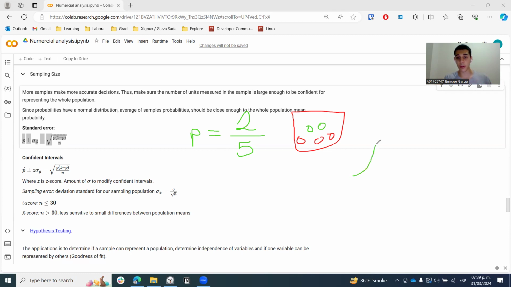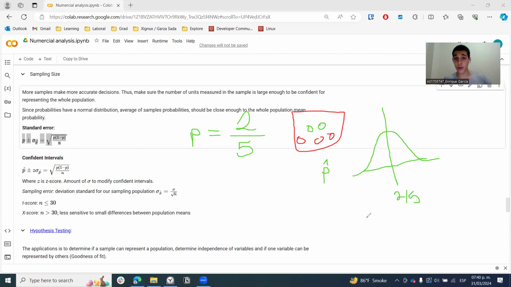These sample probabilities, which are represented as p hat, have a shape, meaning that they are based on the central limit theorem, which says that the middle of the frequency of probabilities from the samples is going to be on the whole population mean.